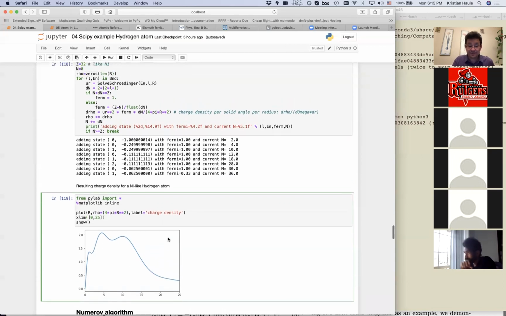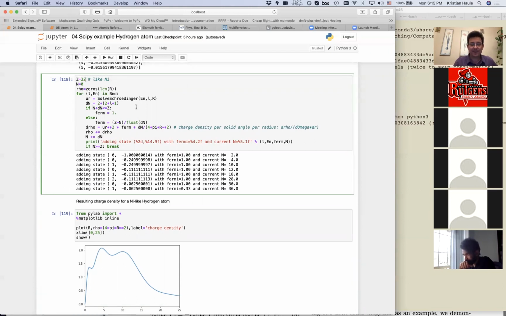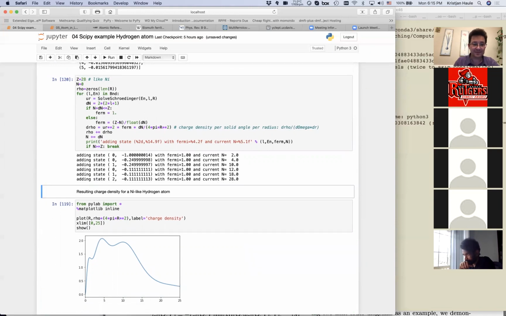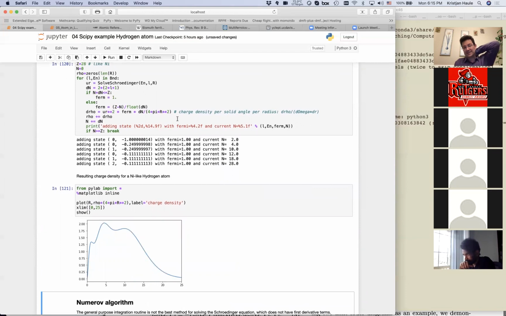So this demonstrates how to solve hydrogenic-like atom for generic Z. 28, for example, is for nickel. Let me go back. Nickel slightly easier. And this is something that's going to be for the homework. But we're going to improve this code a little bit, and then I'm going to give you homework.